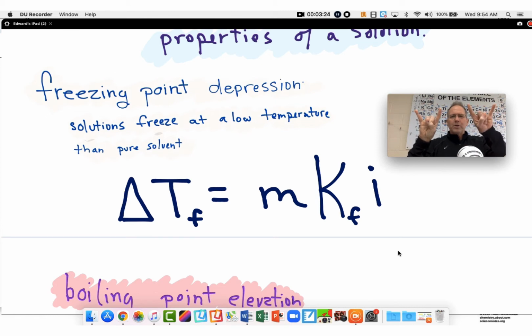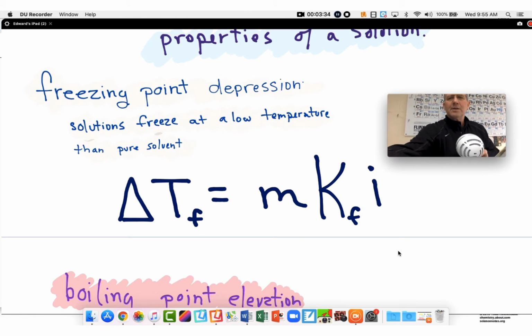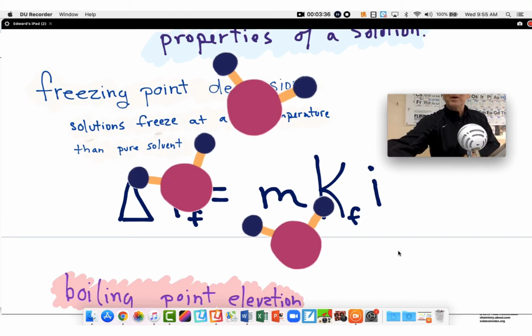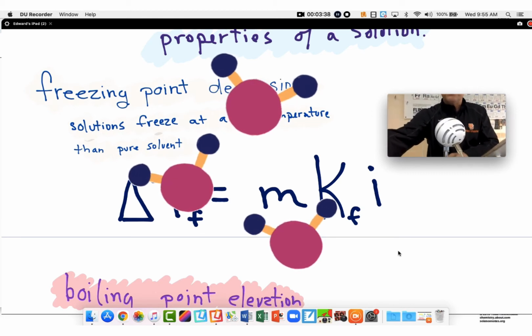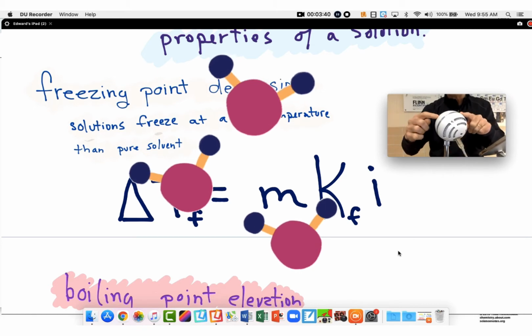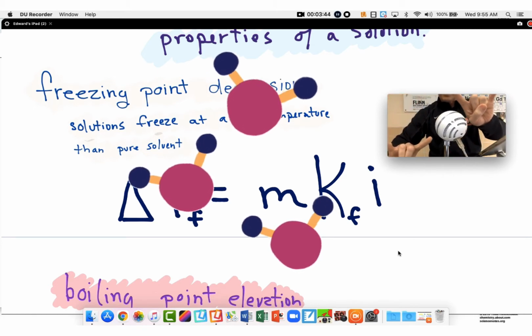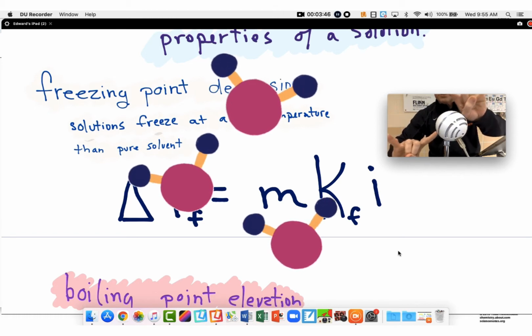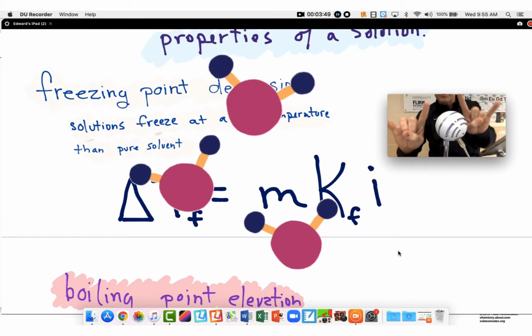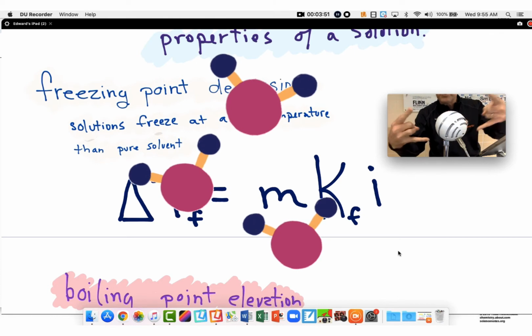When water molecules start to freeze, remember they have to line up positive to negative. If you have, I'm going to use my snowball here as a solid particle, say this particle is dissolved in the water, it's in the way. The particles can't freeze because other particles are in their way.